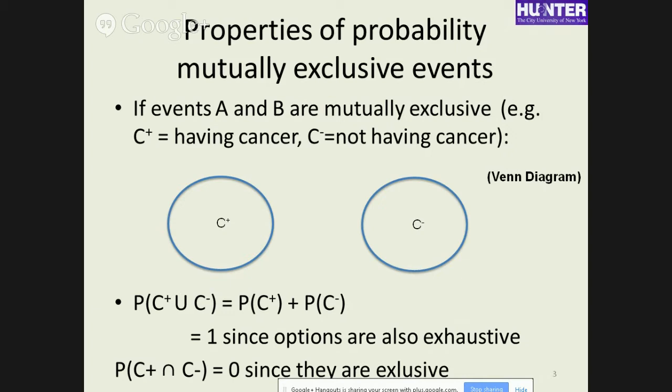So in this case, the union of the example being having cancer or not having cancer is just the sum of those two possibilities, and it's 1 since these are the only two options that there are. And the intersection is 0 since you can't both have cancer and not have cancer.